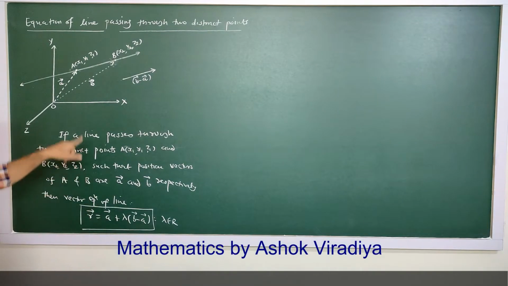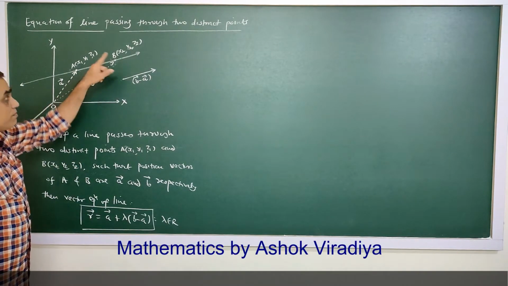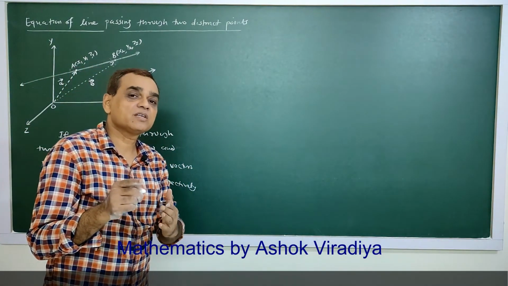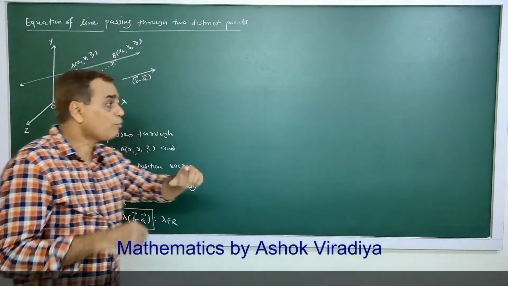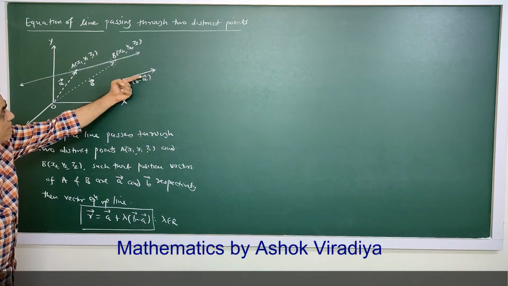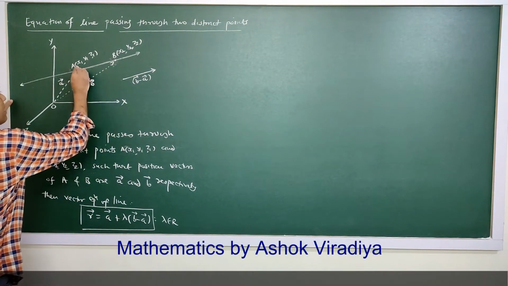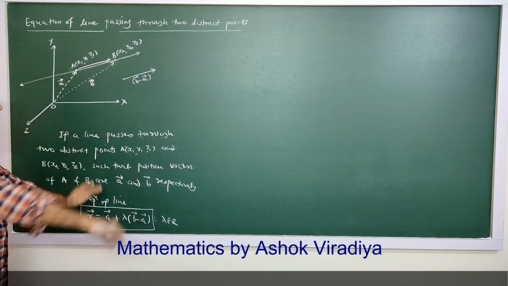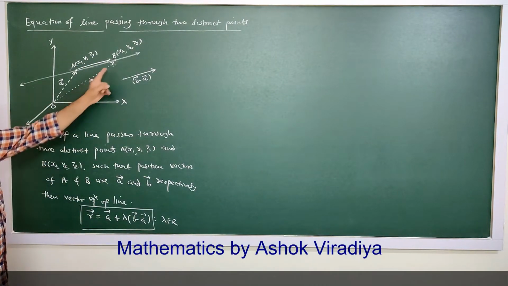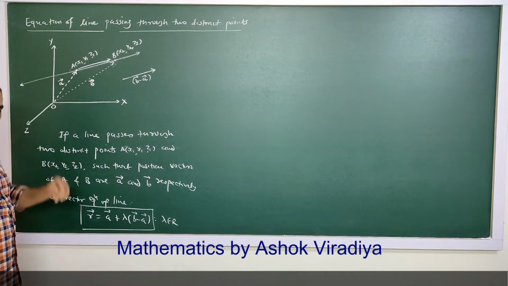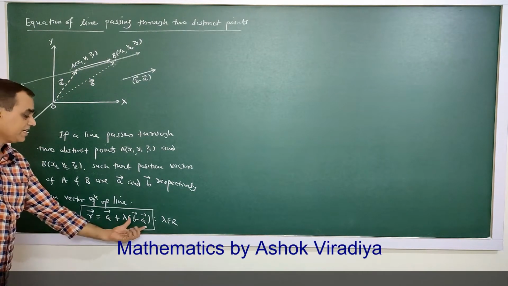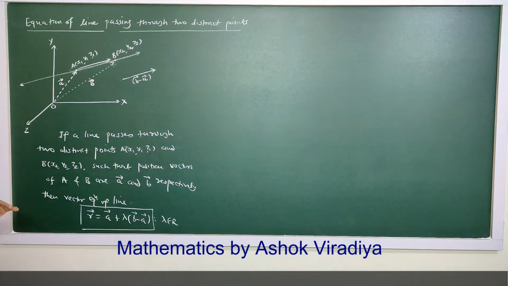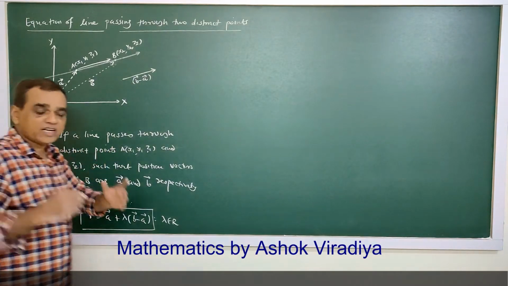Vector b here we have taken as the position vector of point B, and in the last result vector b was the parallel vector, but now the parallel vector is vector B minus vector A. That means this is the parallel vector, vector B minus vector A. So this can be taken as a parallel vector to the given line. So this is the vector equation of a line if two points are given.